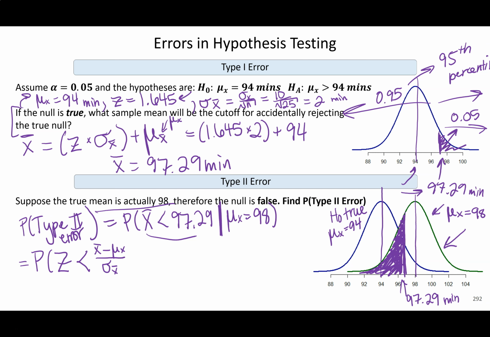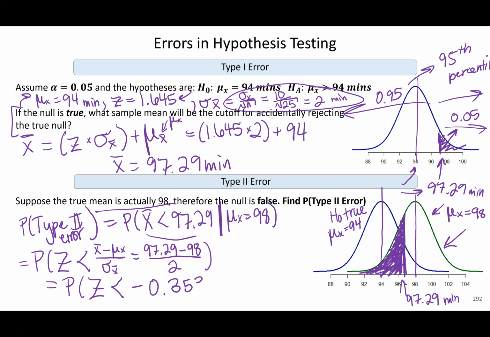Well, you know what, I'm going to just put equals in here. 97.29 minus 98, so I'm going to get a negative z score here, over this right here, this 2. I'm going to just rewrite it in another line. So probability that z is less than negative 0.353.